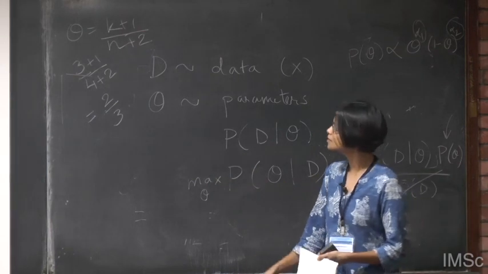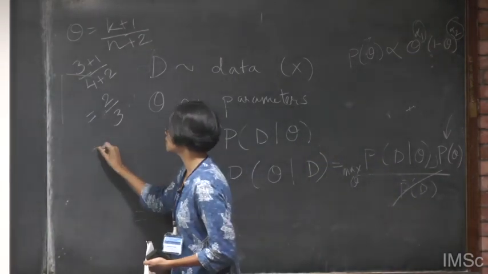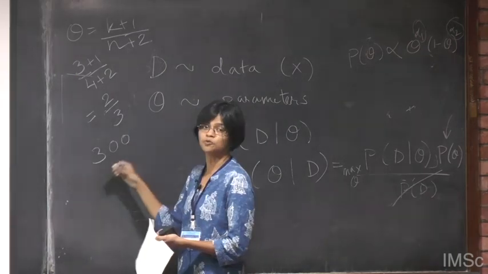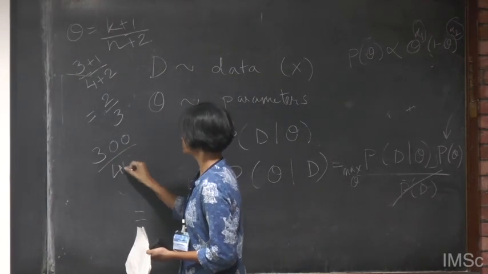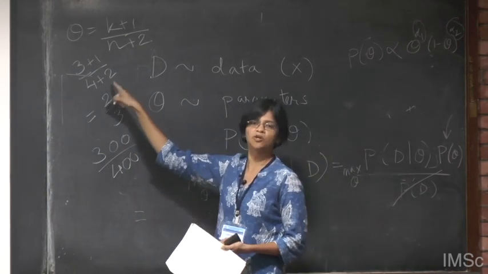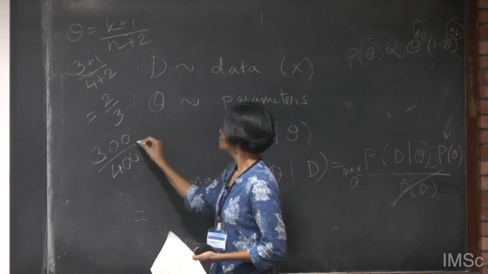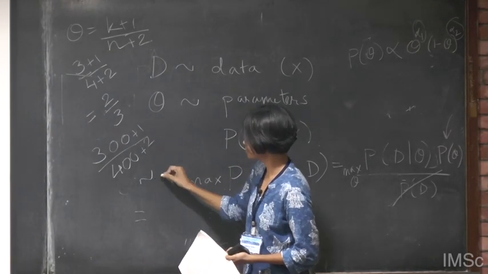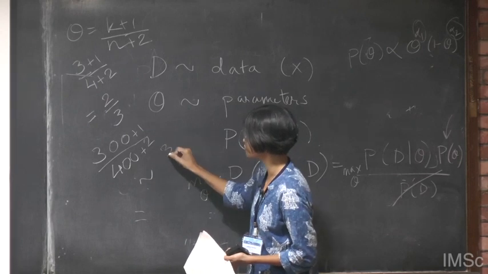Now, if somebody tells you that, well, I did this 400 times and I got 300 heads, you're still adding a very small quantity, right? This is now going to approach 3 by 4.